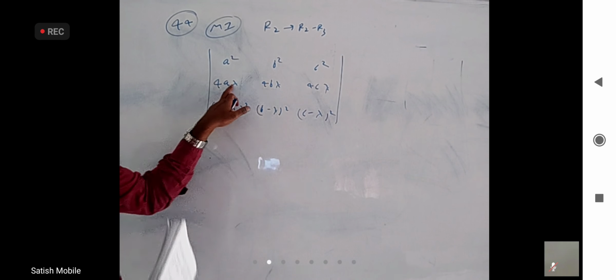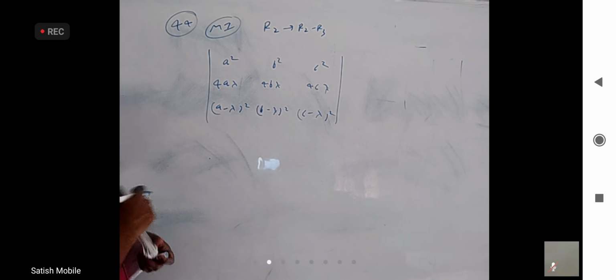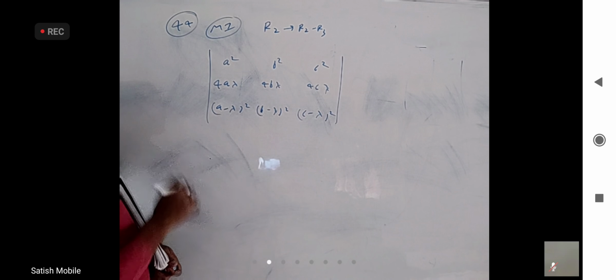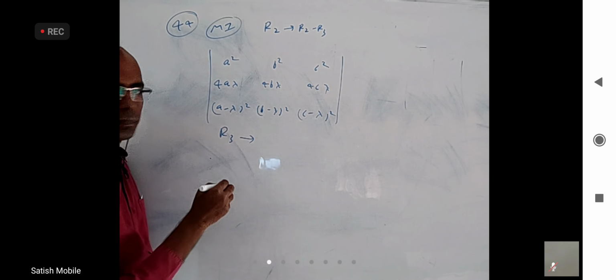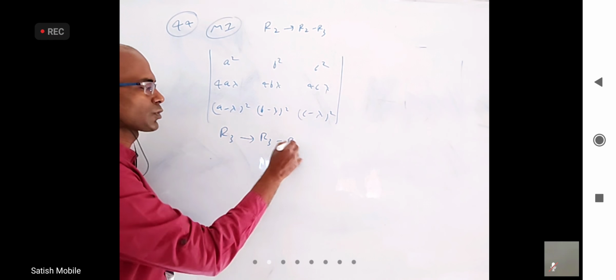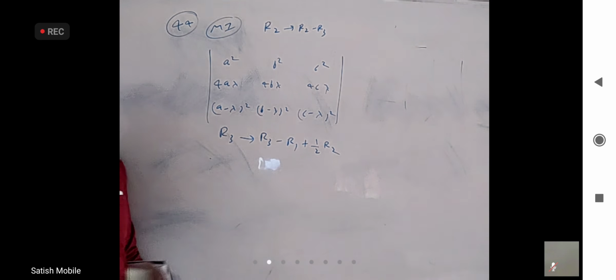Because A plus B whole square minus A minus B whole square is 4AB. Here also same. Now how to do further is that from the third row, remove the first row and add half of the second row.